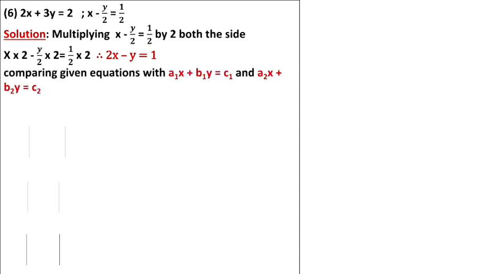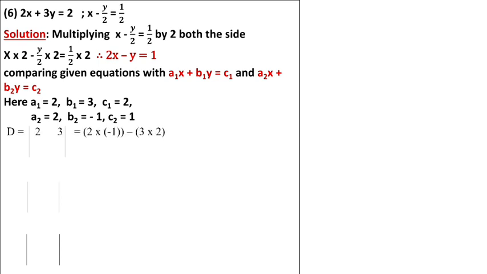Comparing this equation, we get a1 is 2, b1 is 3, c1 is 2, a2 is 2, b2 is minus 1, because the y coefficient is 1, so the value became minus 1, and c2 is 1. Same way we will find the value of d. We will take a1 a2 and b1 b2.